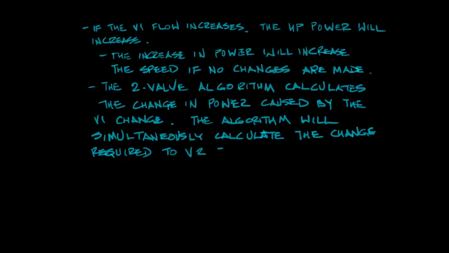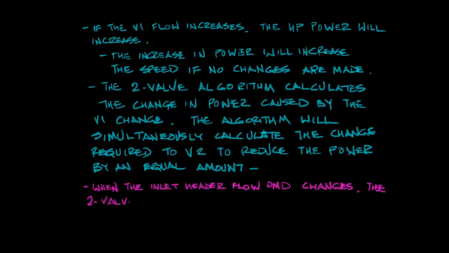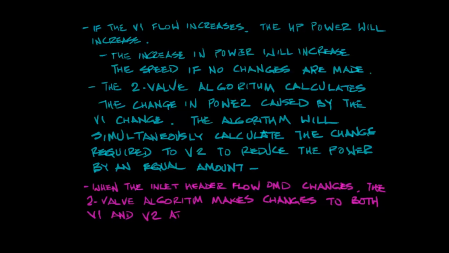So it knows if I move the valve V1 by, say, 2%, it can calculate exactly how much V2 needs to move based on the power contribution of the back end of the turbine to keep a net power of 0. And so you can have changes all day long in the V1 position and never see a change in V2 if you've got all the modeling parameters balanced out.